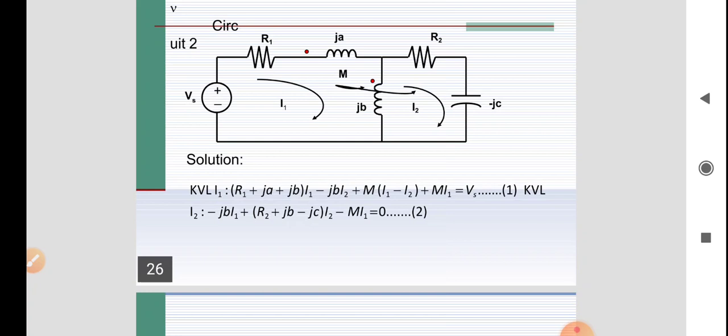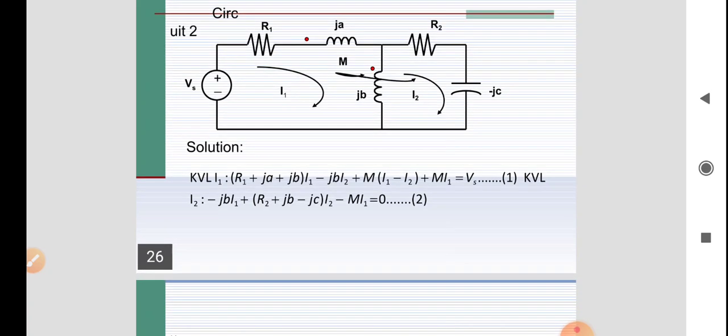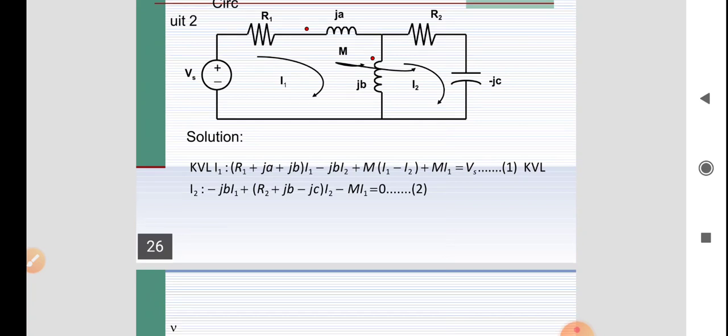So here (R1 plus jA plus jB) into I1, but jB is present between I1 and I2, so jB can be written as jB into (I1 minus I2). As we have already written jB with I1, the leftover is minus jB into I2.